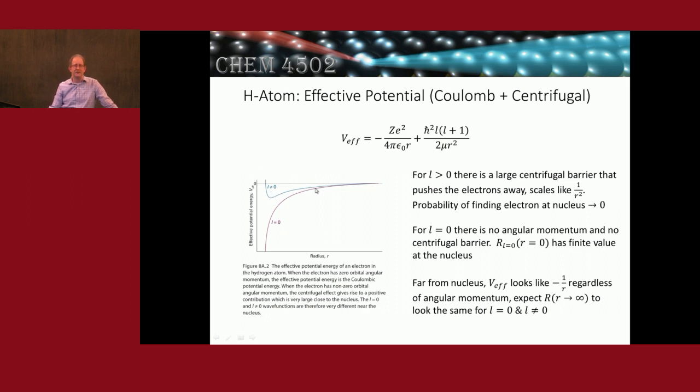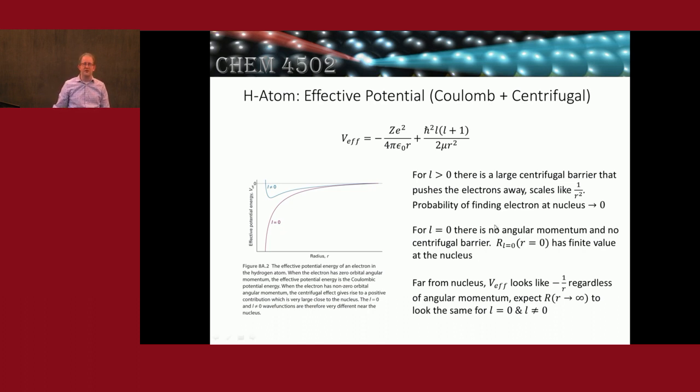And then at long distance, we're going to get Coulombic attraction. Whereas when L is equal to 0, we're not going to have any centrifugal force. And so the potential energy is just going to go to minus infinity as R goes to 0. So for L greater than 0, there's a large centrifugal barrier that pushes the electrons away.